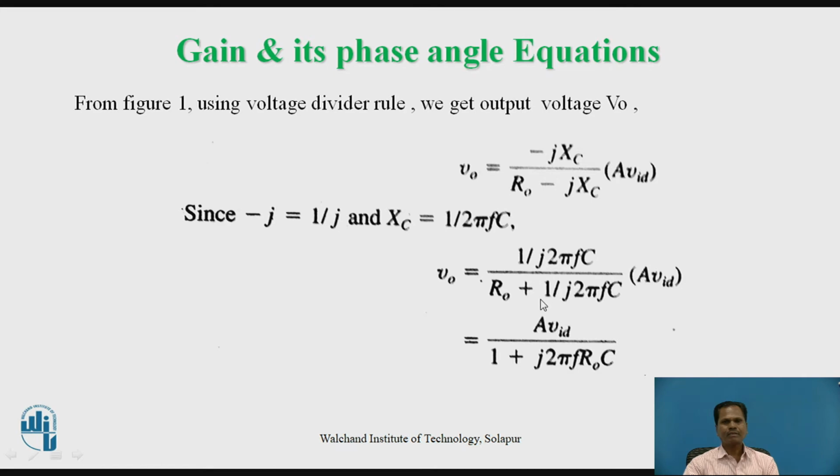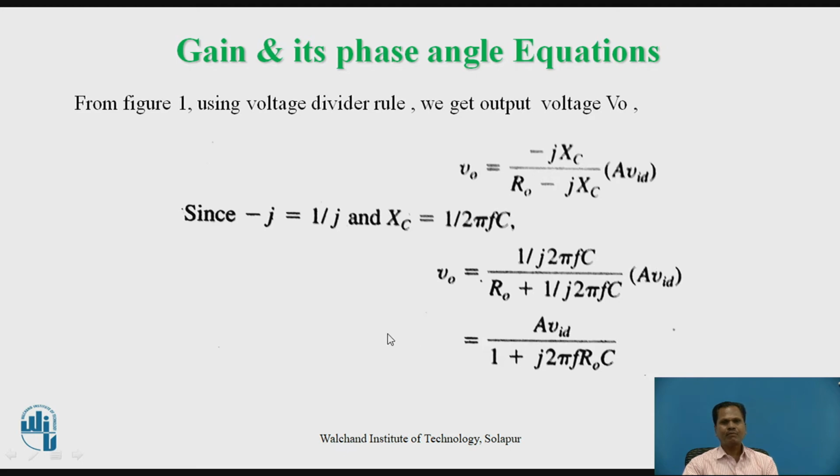After simplifying this, the output voltage of the operational amplifier is equal to A into VID divided by 1 plus J into 2 pi F Rho C, where Rho stands for the output resistance, C is the compensating capacitor, A is the open loop gain, and VID is the effective input voltage of the operational amplifier.